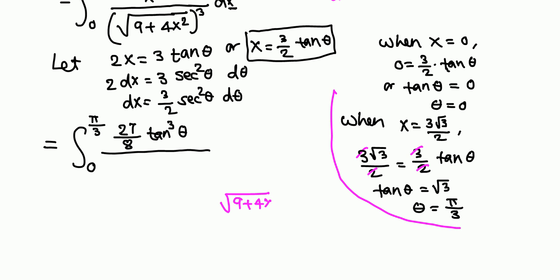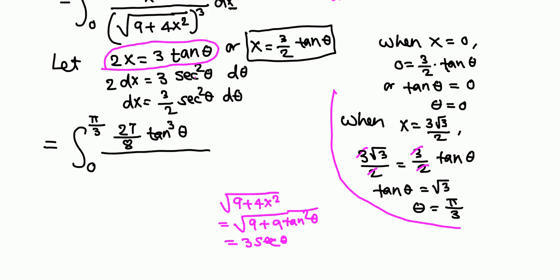The square root of 9 plus 4x squared is the square root of 9 plus (2x) quantity squared, and 2x is 3 tangent theta. So 9 tangent squared theta, and we can factor 9, and taking it all the way out, 3 times the square root of 1 plus tangent squared, which is secant squared, and the square root of secant squared is secant.